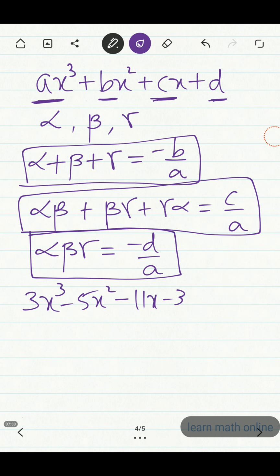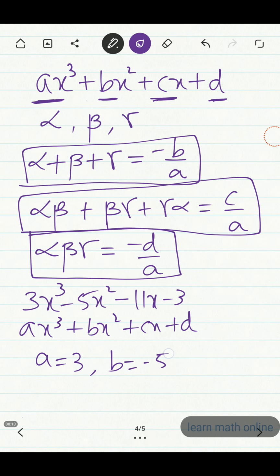So if you compare this with the general form, we have a is equal to 3 and b is equal to minus 5 and c is equal to minus 11 and d is equal to minus 3.